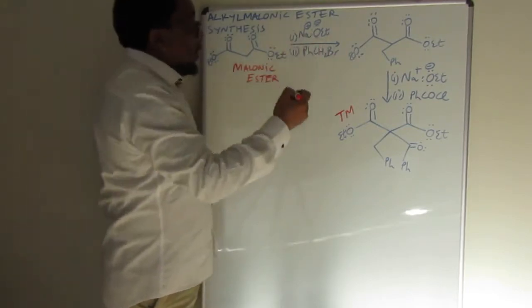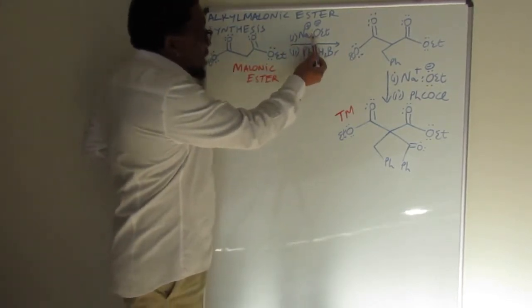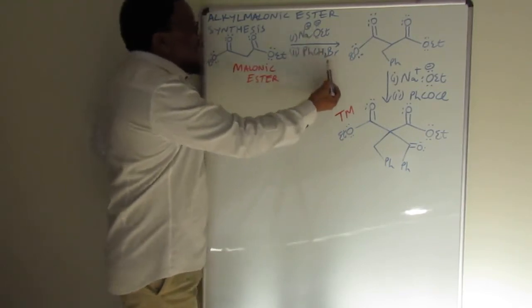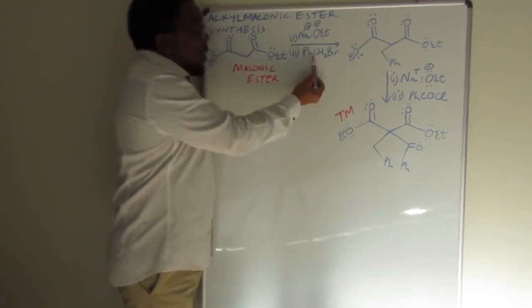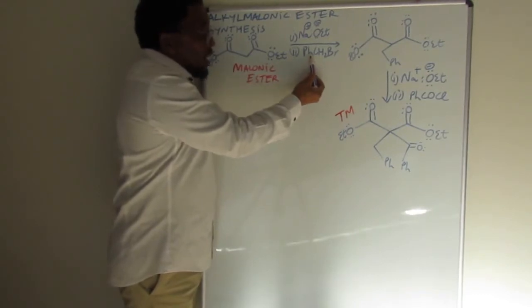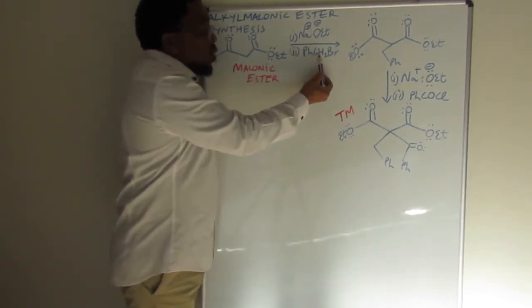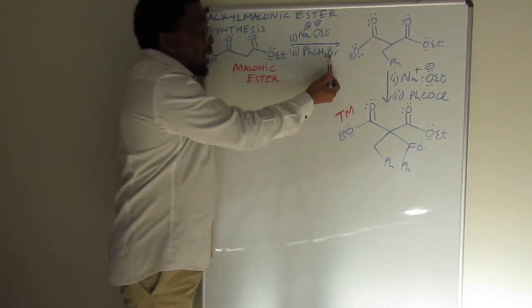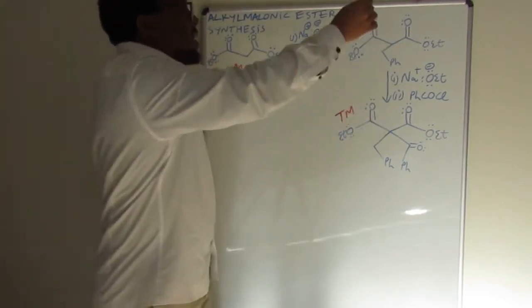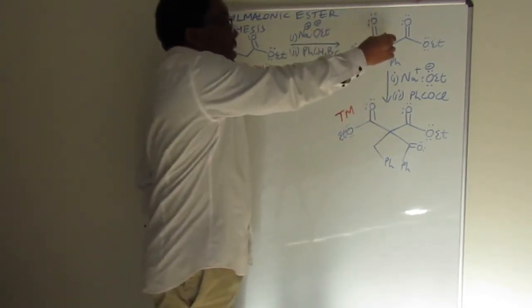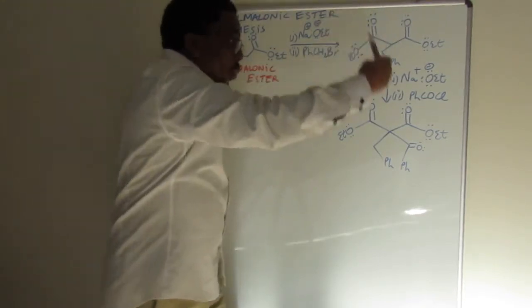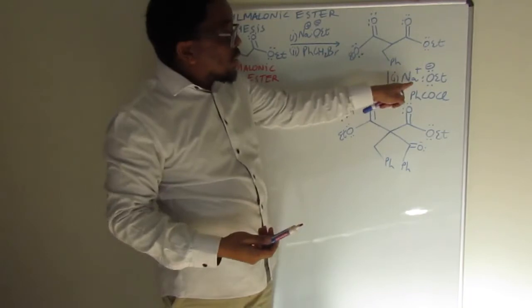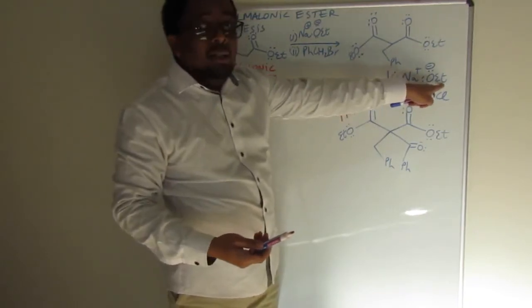After that, we carry out our alkylation using PhCH2Br to generate this alkylated malonic ester, which we treat again with sodium ethoxide.